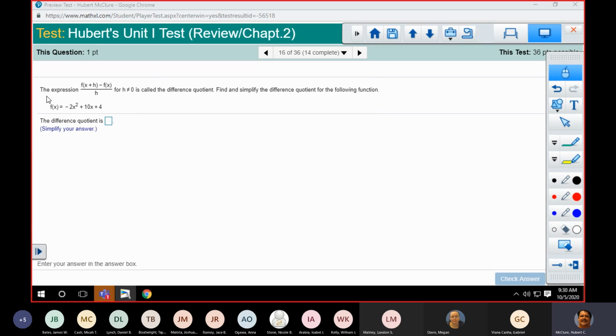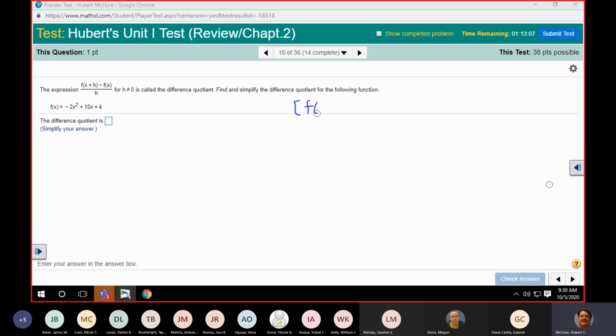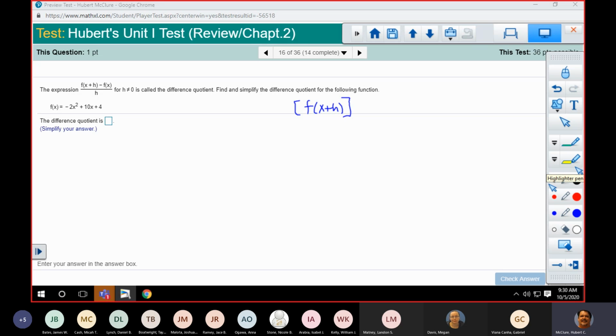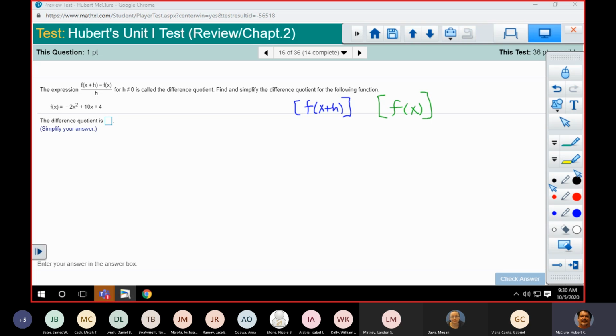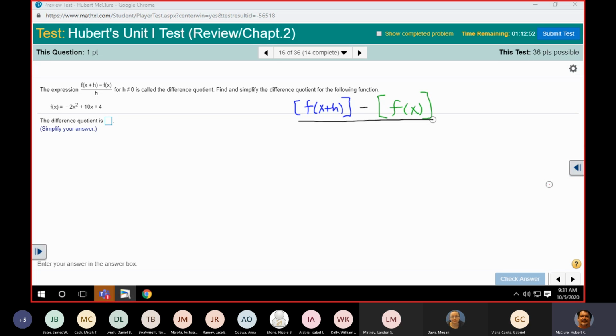All right, so this is another one, and I'll go ahead and start it for you. So here we go. f of x plus h minus f of x, all over h.